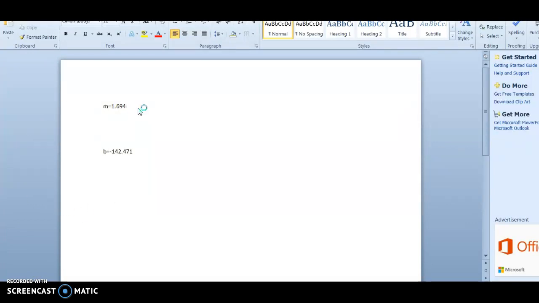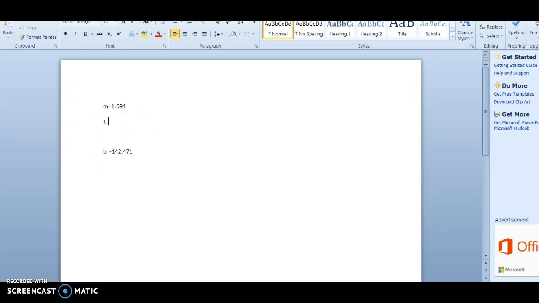The slope is given to us in StatCrunch as a single number, but when we're interpreting the slope, we want to think about it as a rate of change, comparing the change in y to the change in x. Think about slope as always rise over run. If we want to create something that looks like rise over run, the easiest thing to do is to think about this as a fraction.